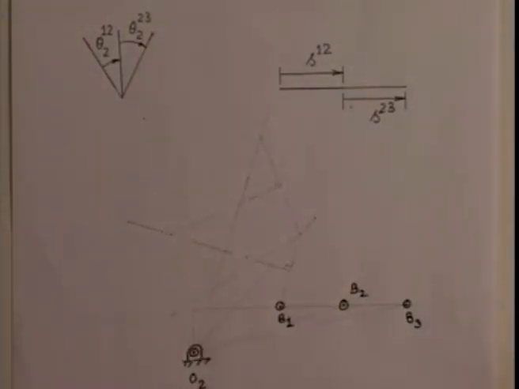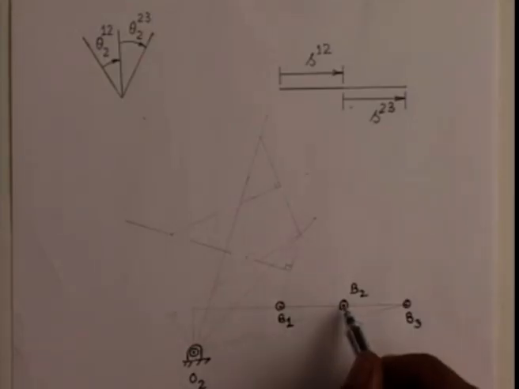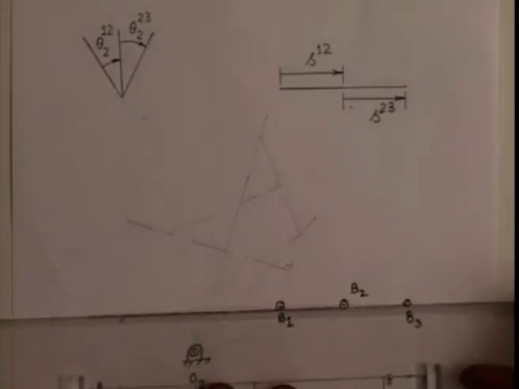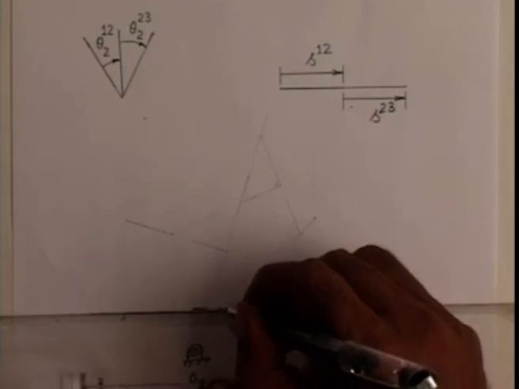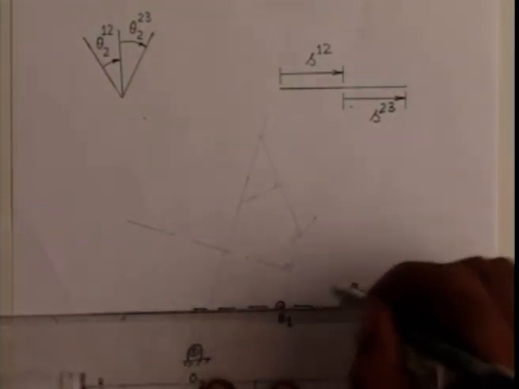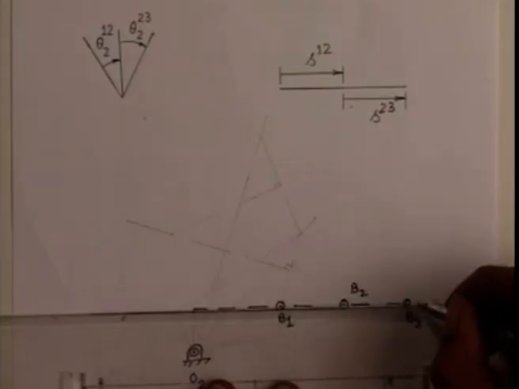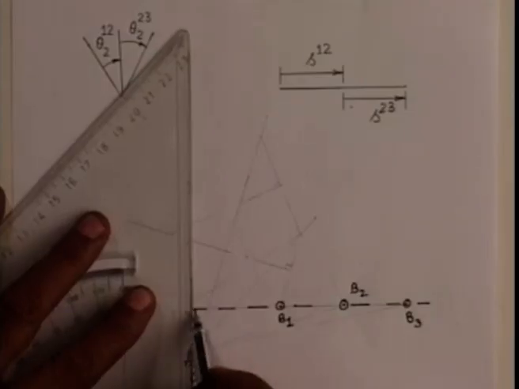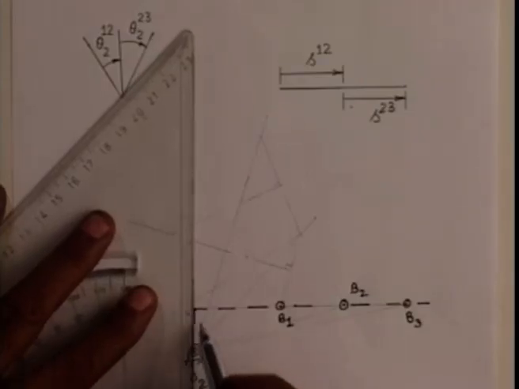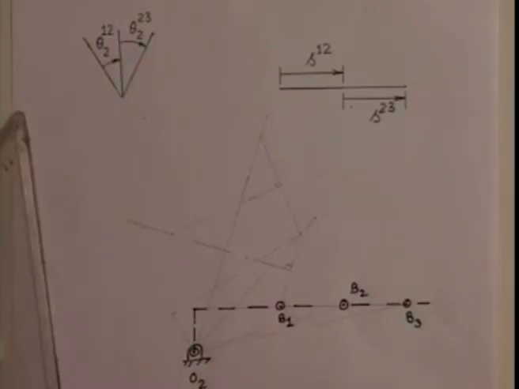So, we have to first find the inverted positions of B2 and B3 if we hold the crank fixed at its first location and apply the principle of kinematic inversion. As we see, the fixed link is represented by this diagram.